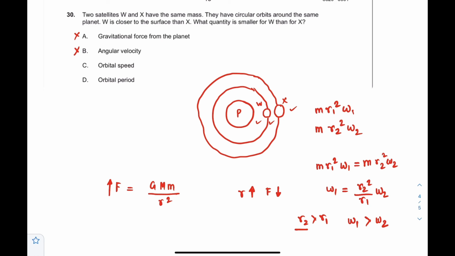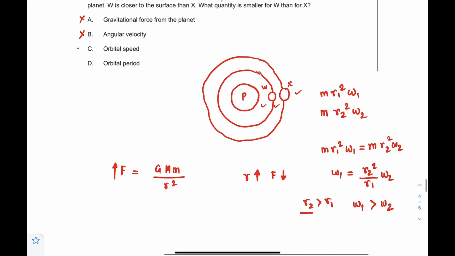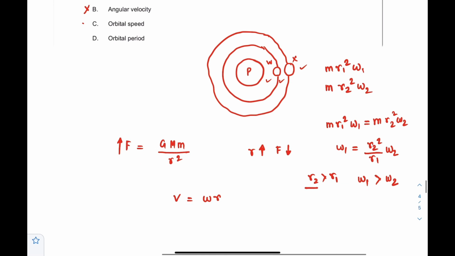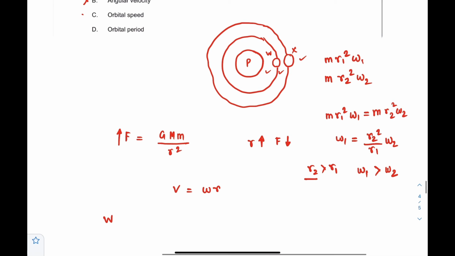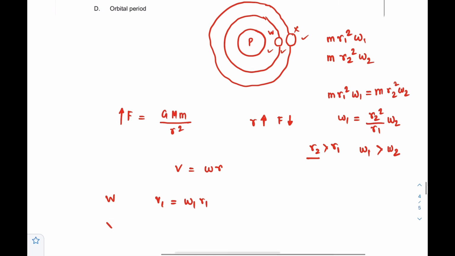Orbital speed. What is orbital speed? It's velocity, and velocity is equal to omega into r. For W, V1 is equal to omega 1 into R1, and for X, V2 is equal to omega 2 into R2.